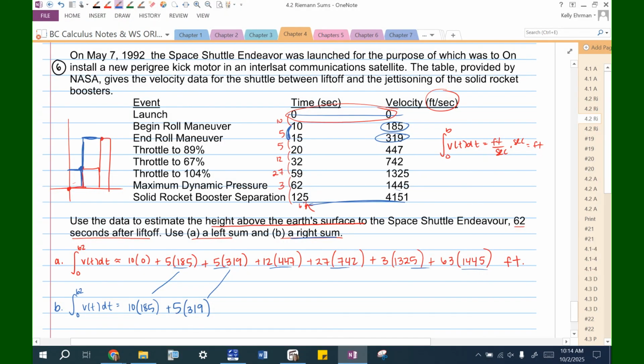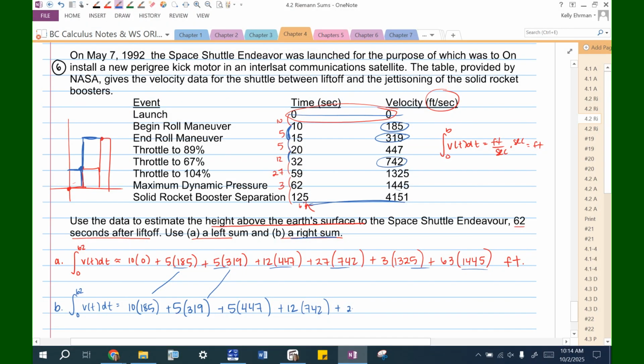Okay, so then the next one, we did that. So then the next one is 5, and we're using 447. I'm used to the delta x being the same, and then you can just copy things down, but that's not the case here. So then we have a delta t of 12, and we're using this one, 742.